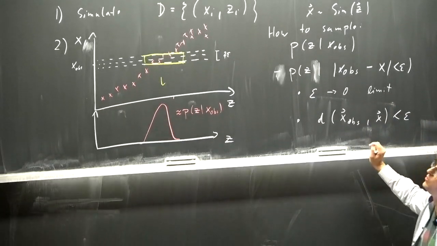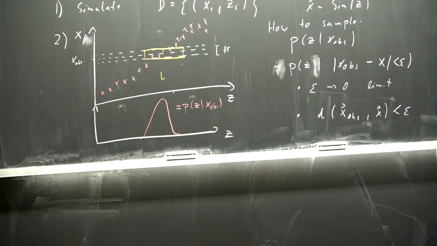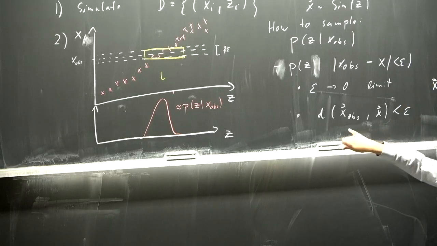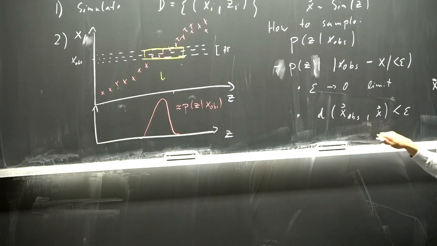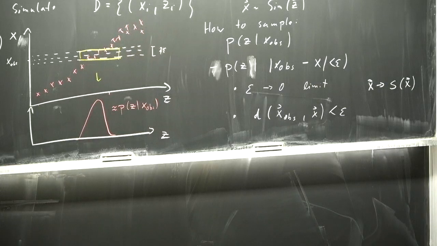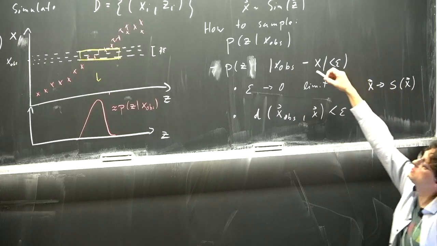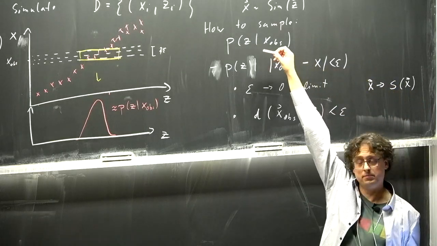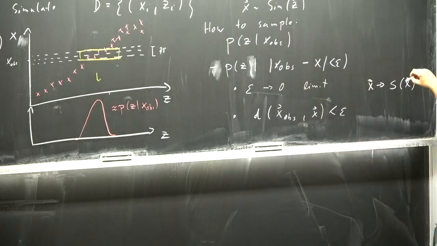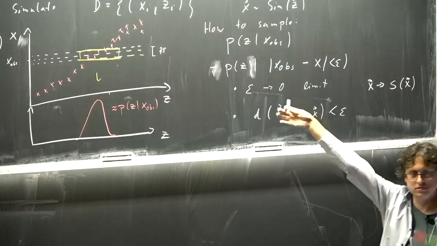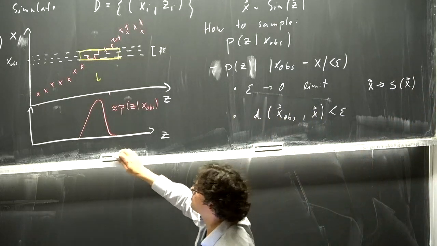So what one would do instead is typically one would use data summaries. So instead of plugging x directly into a distance measure like this, you would hope that there is a sufficient data summary that still contains all relevant information that you could ever wish about the parameter z. This can be low dimensional, and if it's low dimensional enough, you can in principle still use approximate Bayesian computation.